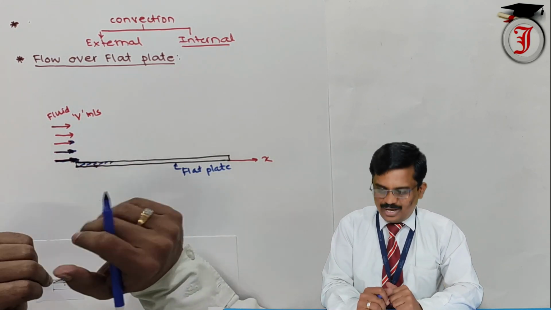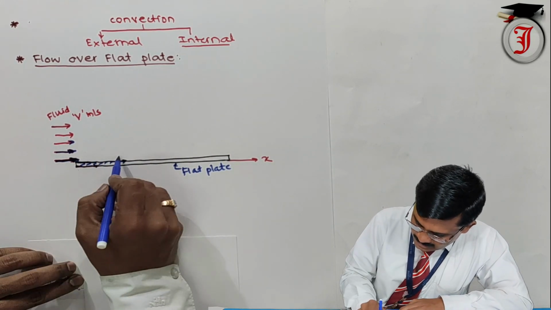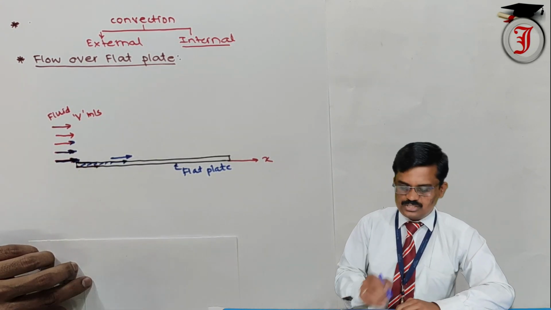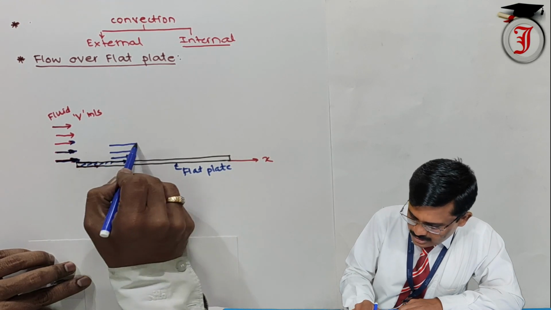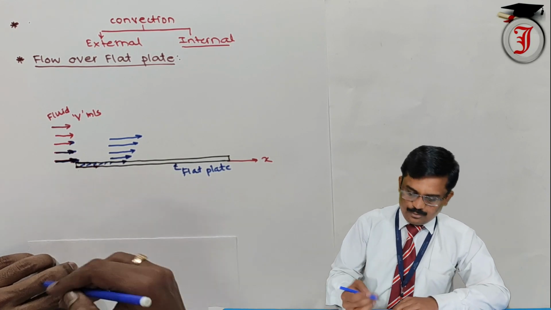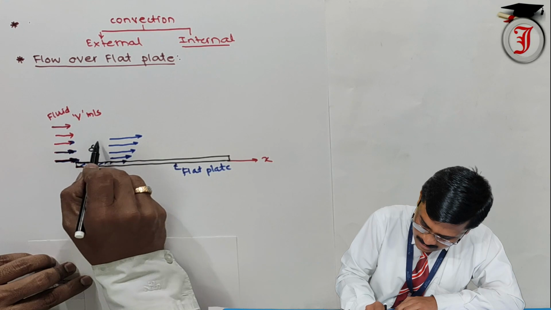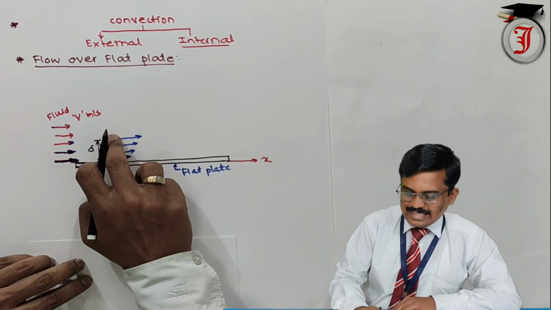The velocity becomes zero at the surface, then the next layer has decreased velocity, the next layer also decreases, and it goes on.